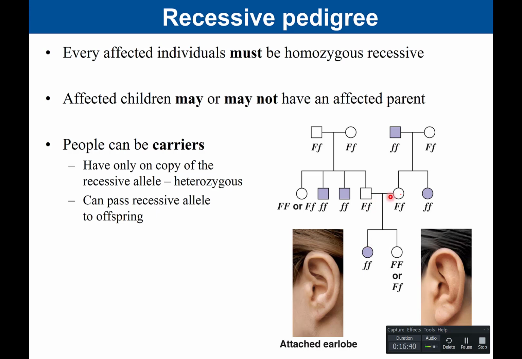Now, the people who don't have it, in this case, when they have a child that has it, they are heterozygous, and we call them carriers. They carry the allele, but they don't have it. And so they could, by chance, give that recessive allele to their offspring. And so in a recessive pedigree, you can start by filling in all of the filled in ones are little f, little f.